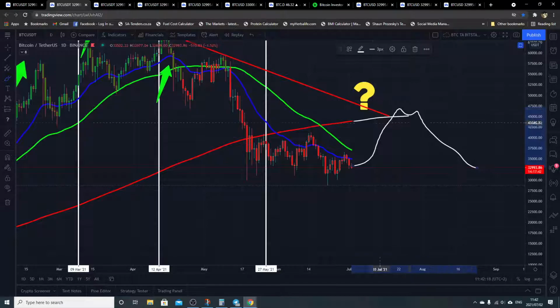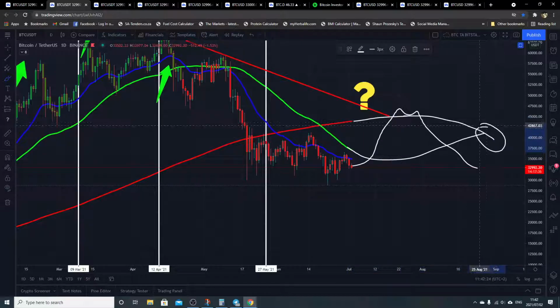Which will then turn this into a golden cross. And then price goes up. Just hypothetically, the time frame from this is about the 27th, 28th of August. Okay. So that is that on that chart.